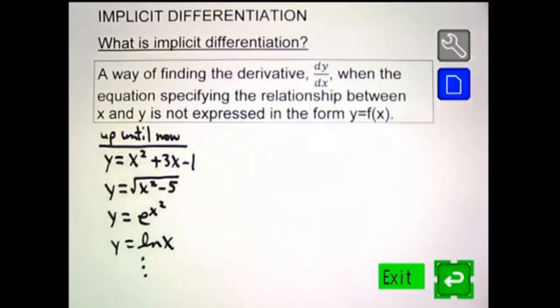In other words, the equations were always solved for y. And our derivative rules made that assumption as well.